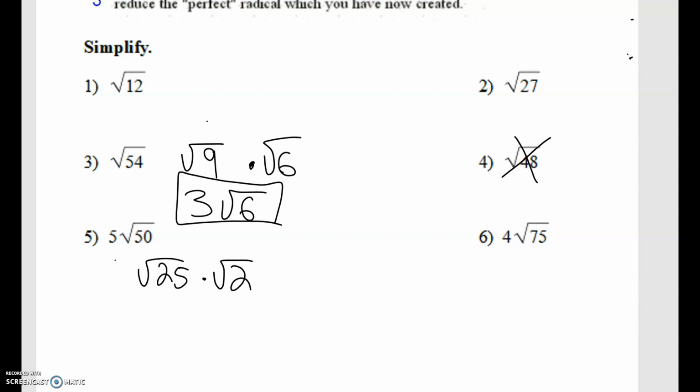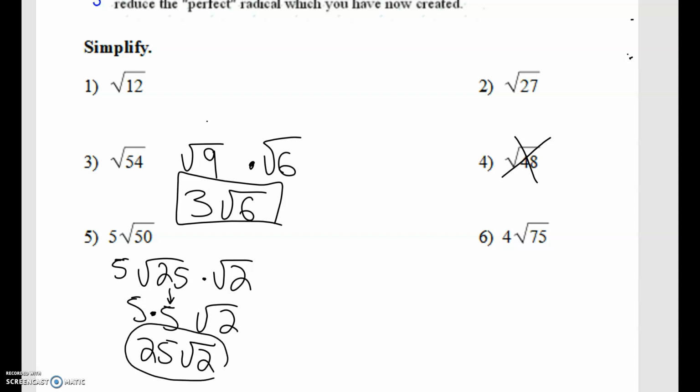Now let's bring the 5 down. The square root of 25 is going to be 5. Whatever number comes out of your perfect square, if there happens to be a number outside of it, you are going to multiply that. So 5 times 5 would be 25 root 2 as our answer.